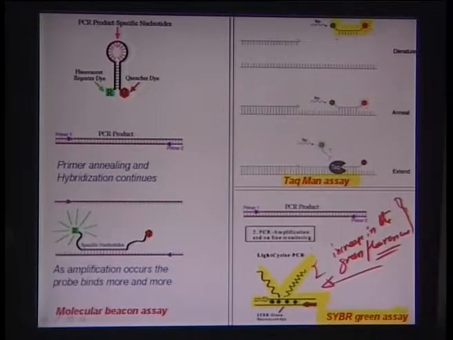Now when you have this kind of a situation that you have a primer with one end which is having, let's say, a red fluorophore and another which is having a green fluorophore, and these two fluorophores are designed in a way that the emission from one, let's say in this case the emission from the green one, is also the excitation for the other.